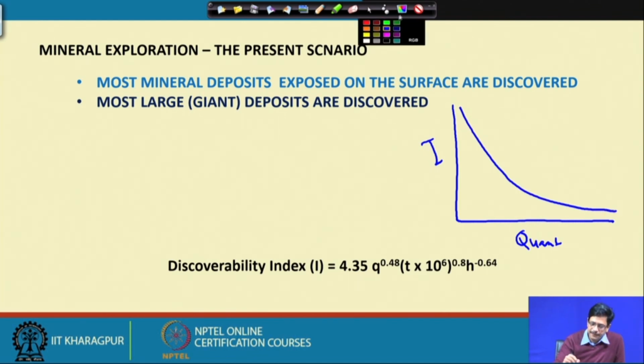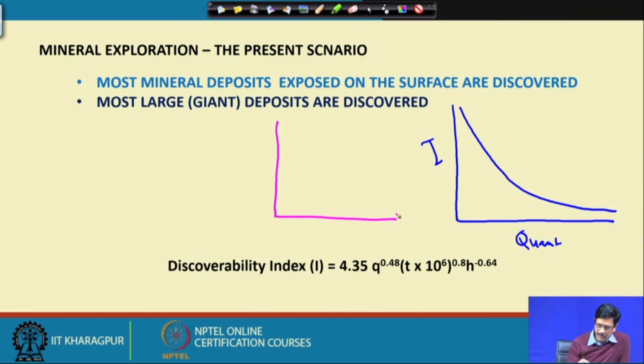So, if we think of, say, we put another parameter as the depth from surface. So, if it is replaced by h here, I versus h, similarly discoverability will also go down like this.